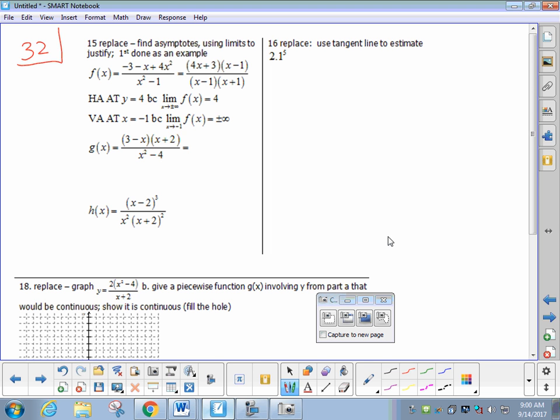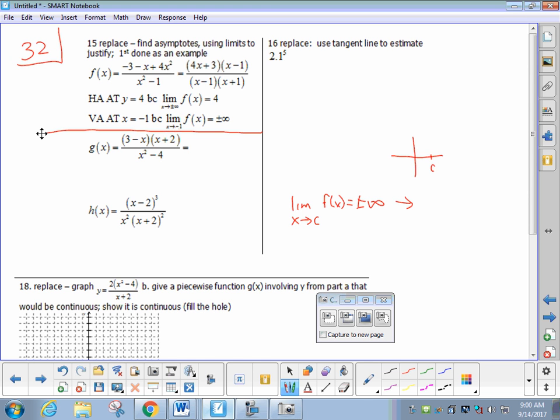All right, here we go. I desperately want to see improvement on the last test. On the last test, there was a bit of an issue in understanding the connection of limits to asymptotes. So by way of review, if the limit as x goes to a constant is infinite, then what's happening? Draw a picture.